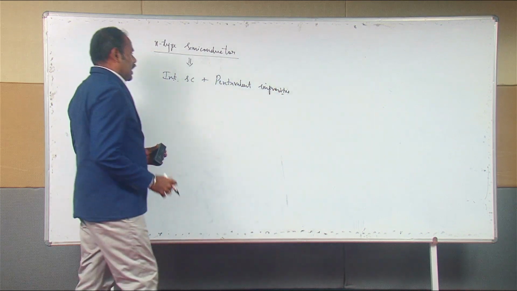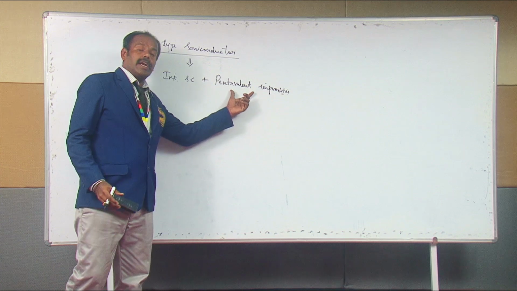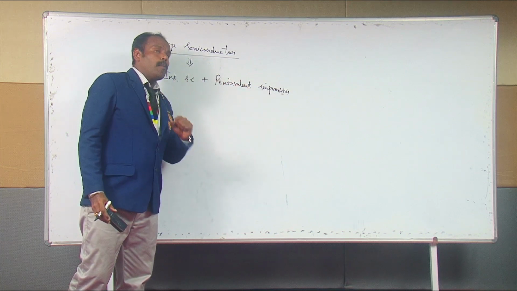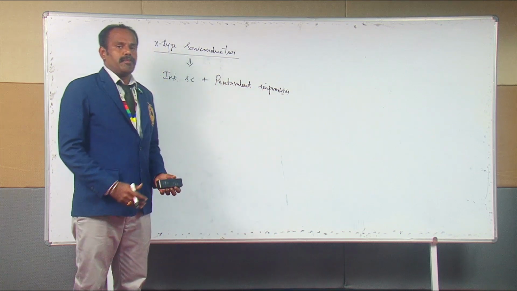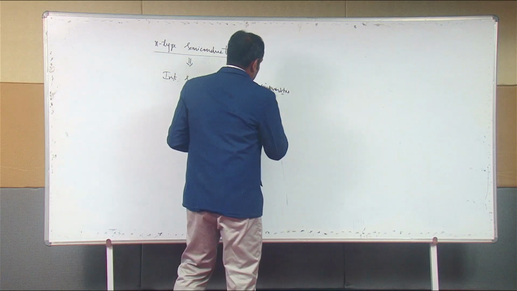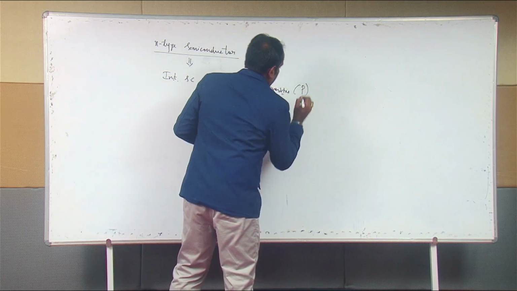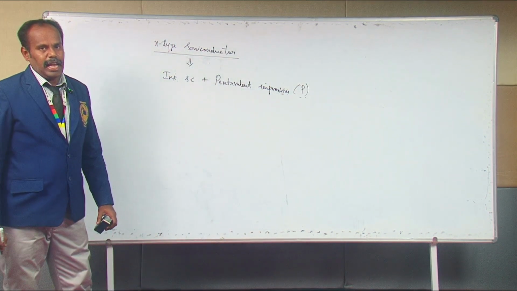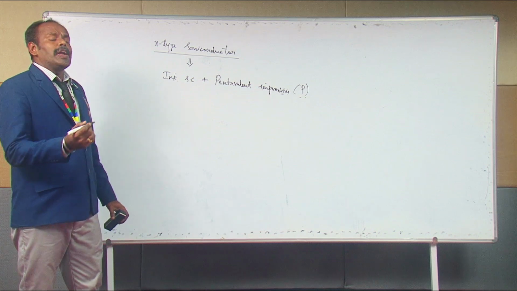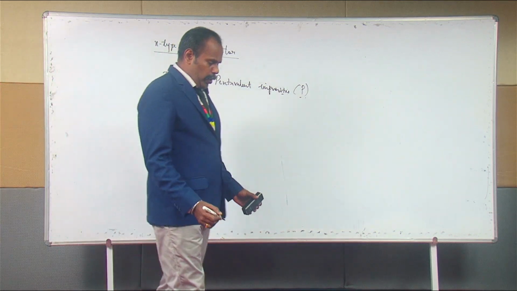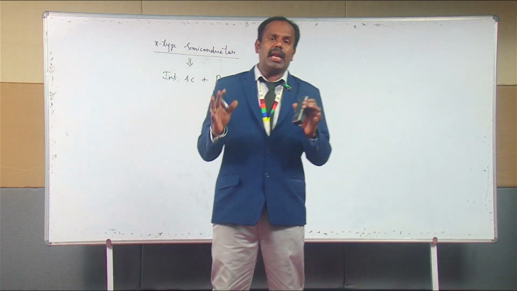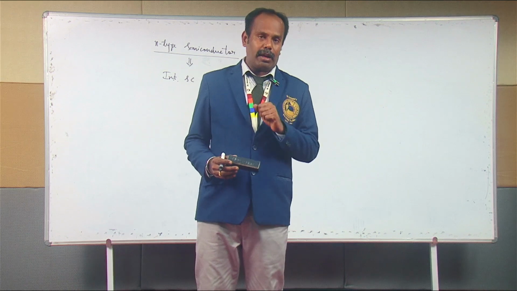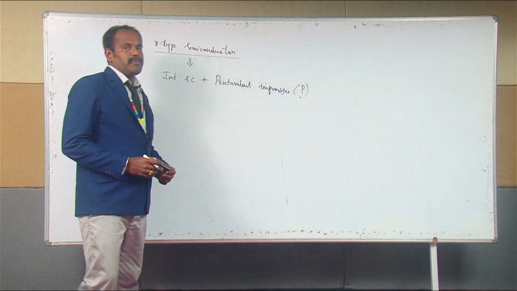So basically, it is an intrinsic semiconductor doped with a pentavalent impurity atom. When you say pentavalent impurity atom, you can name phosphorus as an example. So what is a pentavalent impurity atom? Those impurity atoms which have 5 valence electrons are claimed as pentavalent impurity atoms.